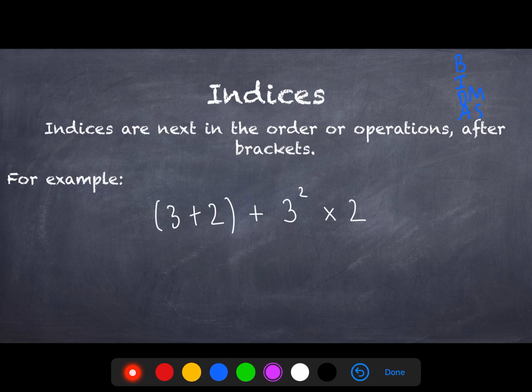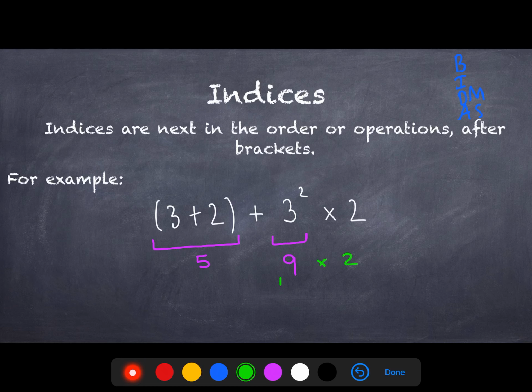So my number one, remember, brackets, and I've got a set of brackets here. So 3 plus 2 is going to give me 5. Next up, indices, and I've got an index here. So 3 squared, that is the same as 3 times 3, which gives me 9. Next up, if I look down, I've got division and multiplication. Now, if I look at my question, I've got a multiplication there.